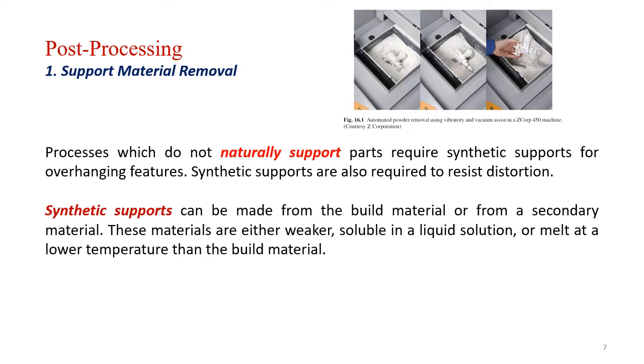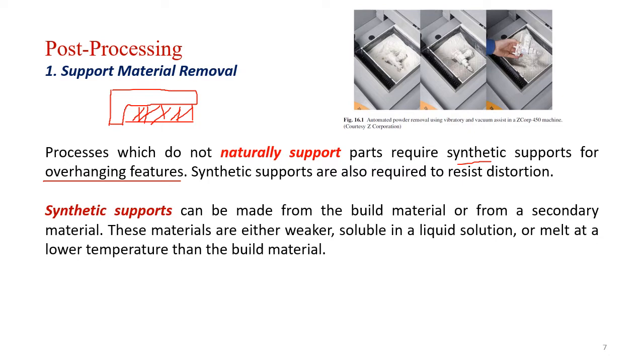Next, processes which don't naturally support parts sometimes require synthetic supports. For example, in case of an overhanging feature, if a product is something like this, the build is going to have an overhang like this. To build that, we require to provide some supports like scaffolds, so we can provide the scaffolds in a mesh form, or in a tetrahedron or octal shape.